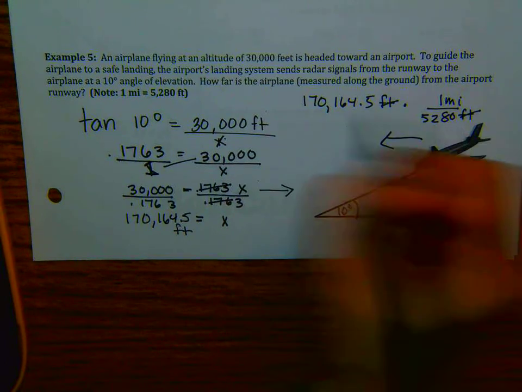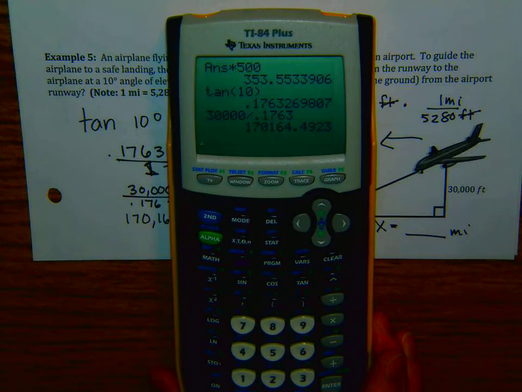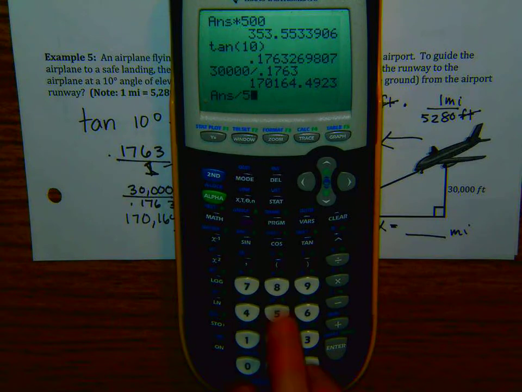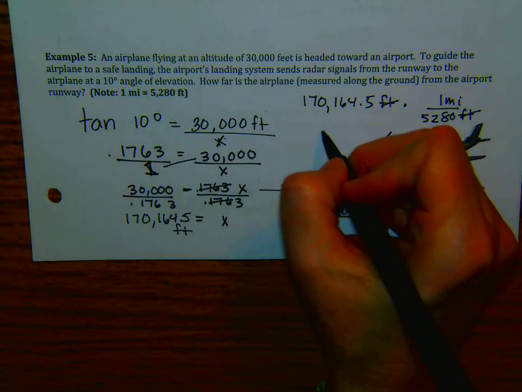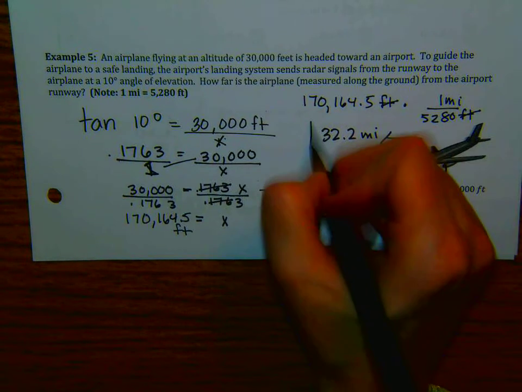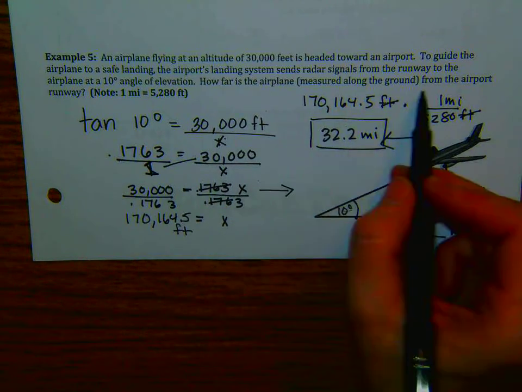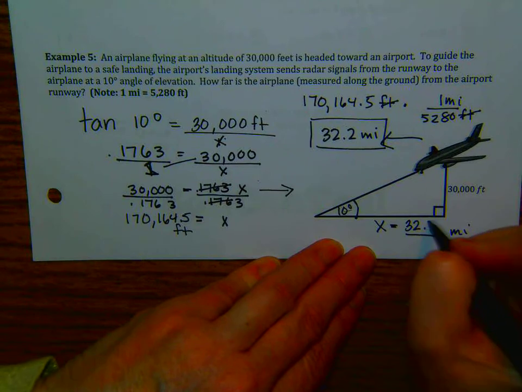So I take that many feet divided by 5,280 feet per mile to leave me with 32.2 miles. And that is my final answer to the question, how far is the airplane measured along the ground from the airport runway? So 32.2 miles. And there's my final answer.